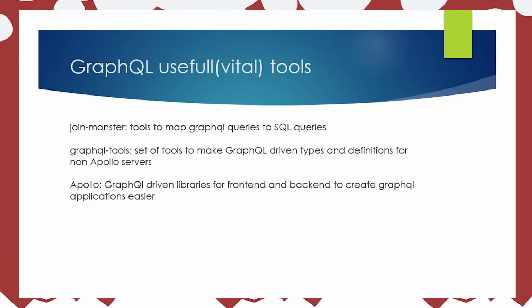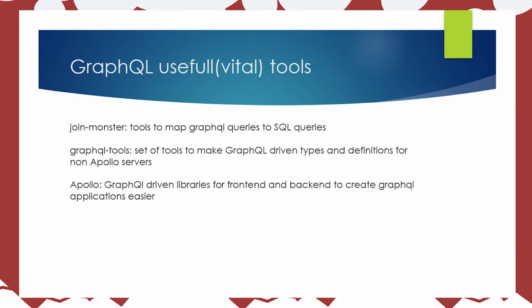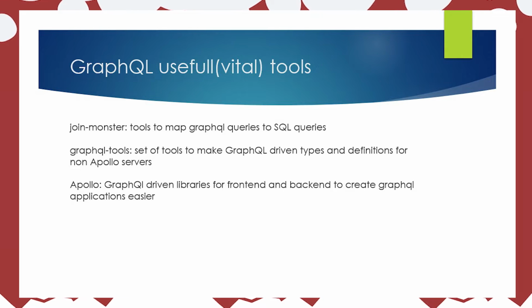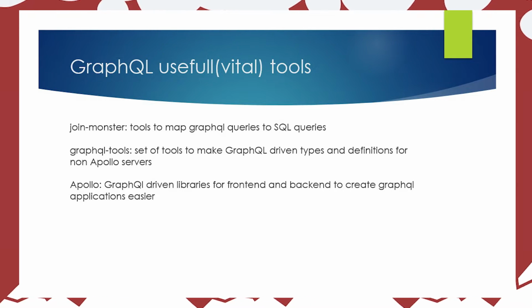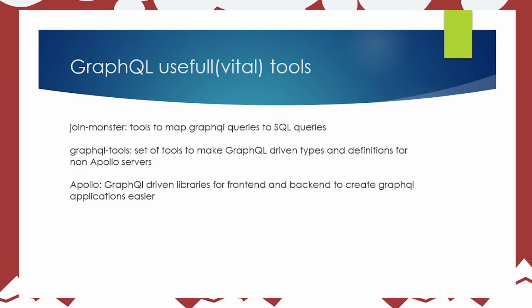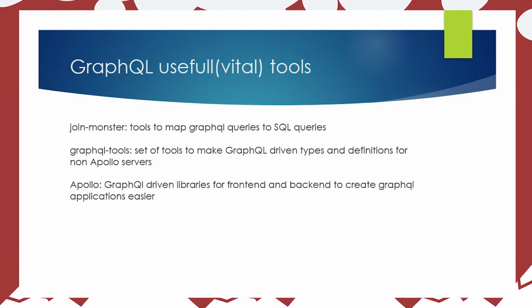So when we create an API with REST, we usually think about where we will take data. But in GraphQL, we don't think about where, we think about what data we need. So actually, we just think about data.